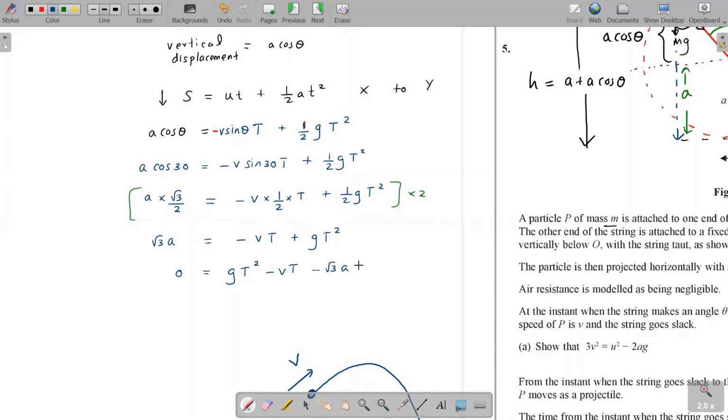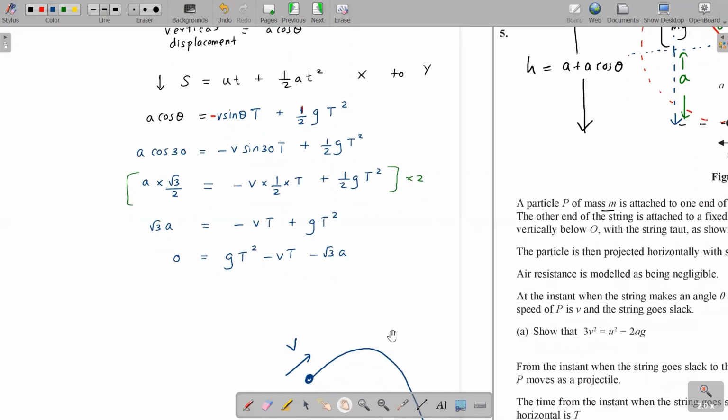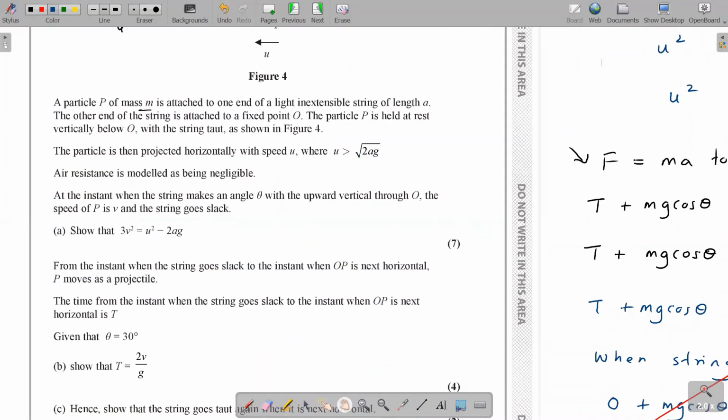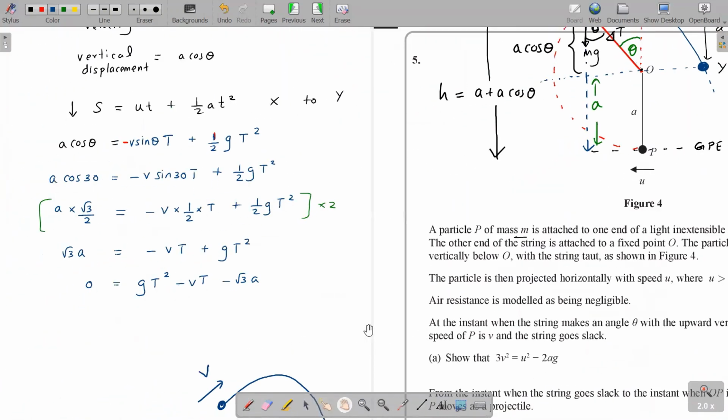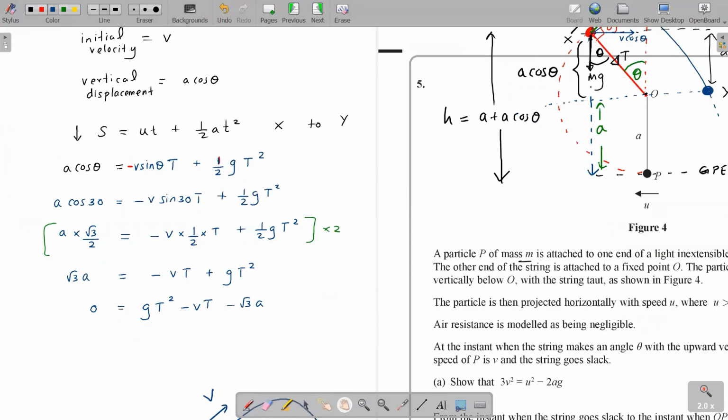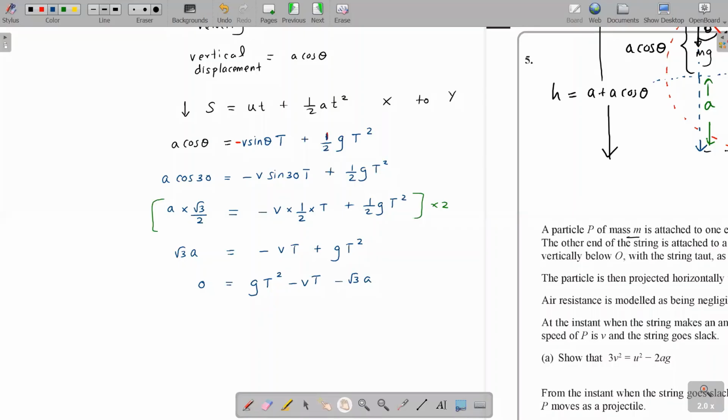So we have to solve this equation. Shall we go for the quadratic formula?